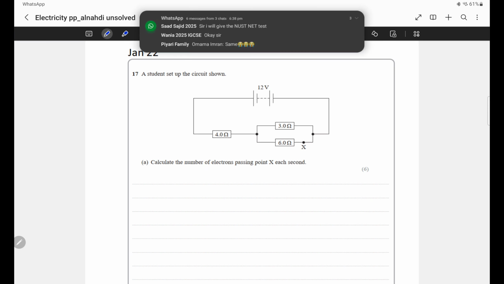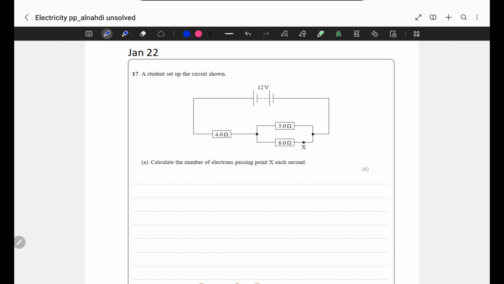The question is two parallel and one series. Whenever you are given a series parallel circuit, you should first calculate the total resistance.